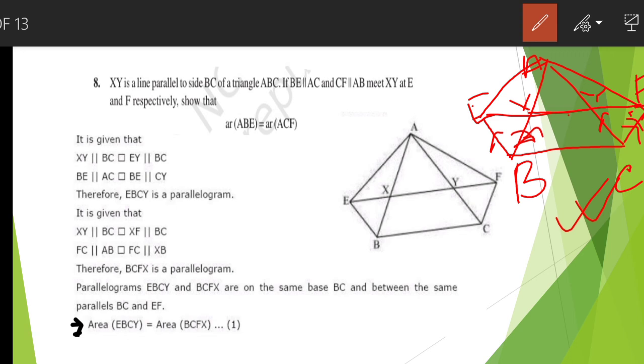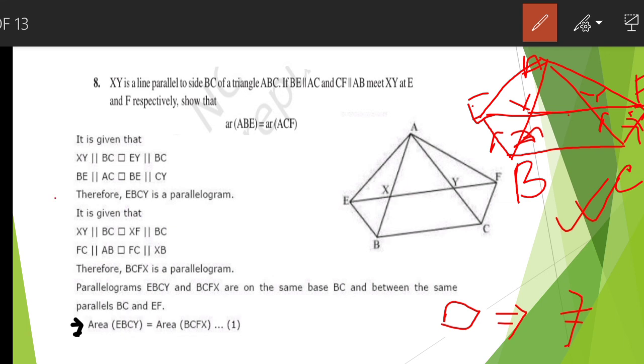Now it is given that XY is parallel to BC. This box actually means imply in this question. So XY is parallel to BC, so EY is also parallel to BC. BE is parallel to AC, so BE is also parallel to CY.